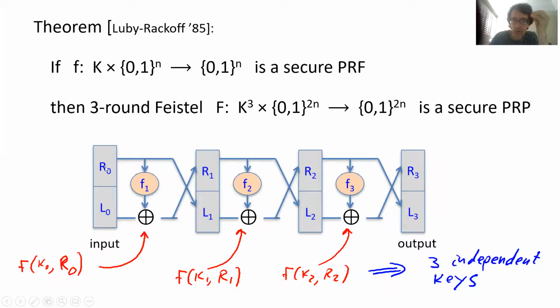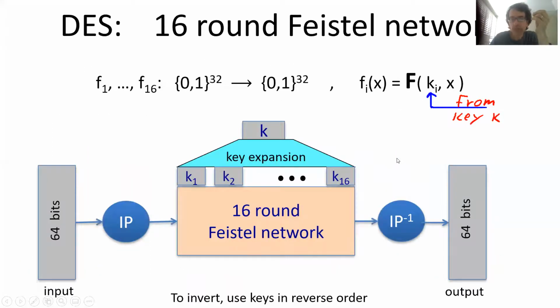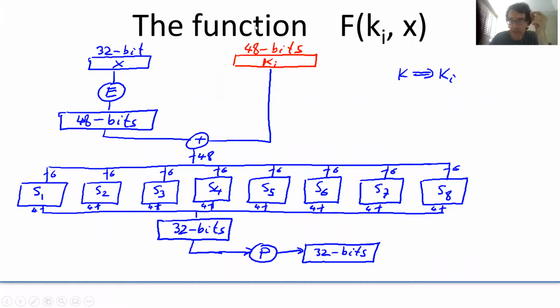You know what R0 is, but you don't see this wire, the internal wire of the circuit. So you don't know what was applied to F2, and you know even less about the subsequent ones. All you know is the final output after 16 rounds of this. So just because this key is short, it doesn't mean that there is an attack, because you don't see the intermediary wires.